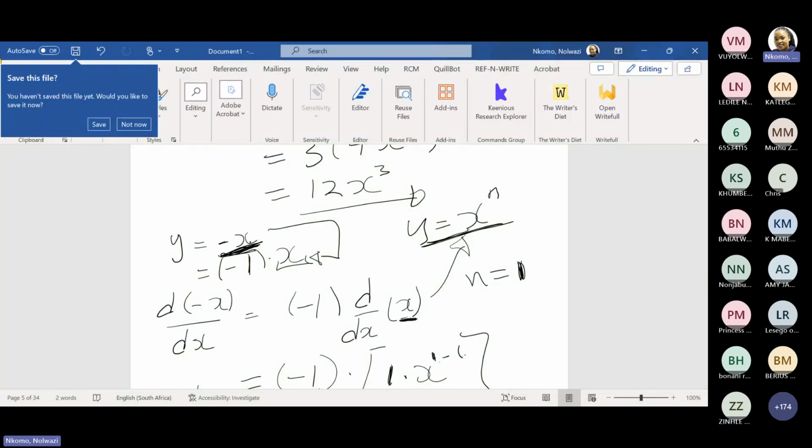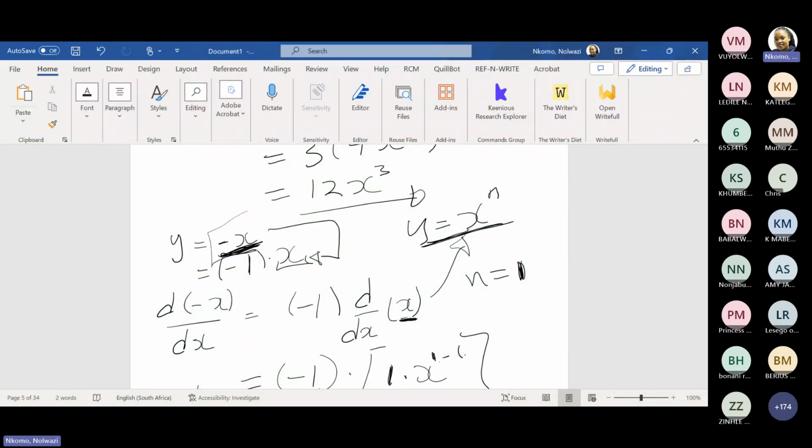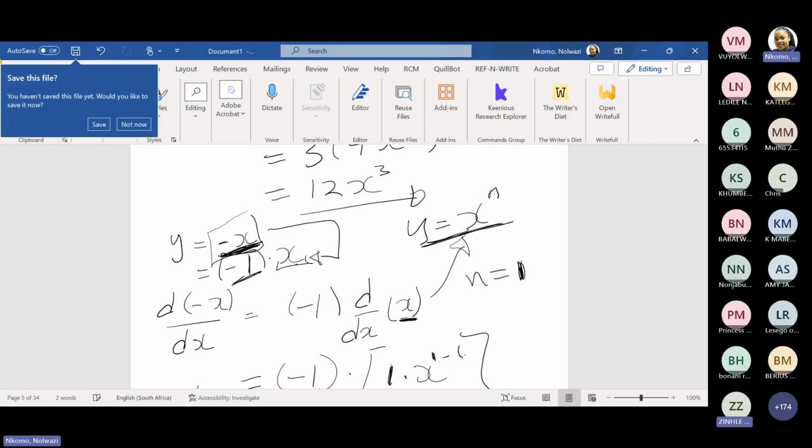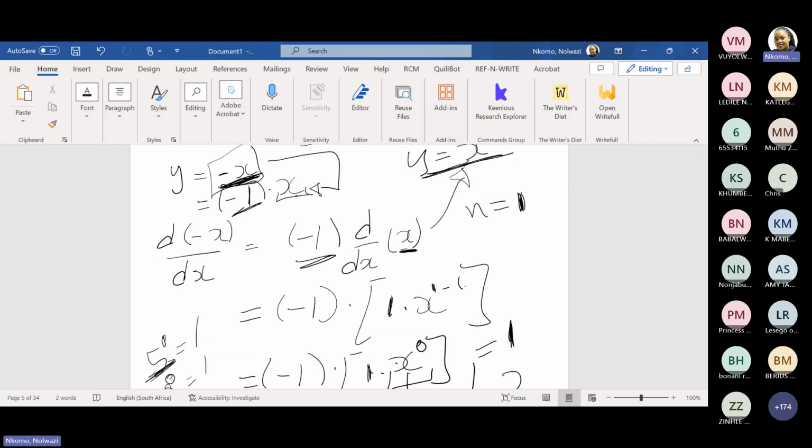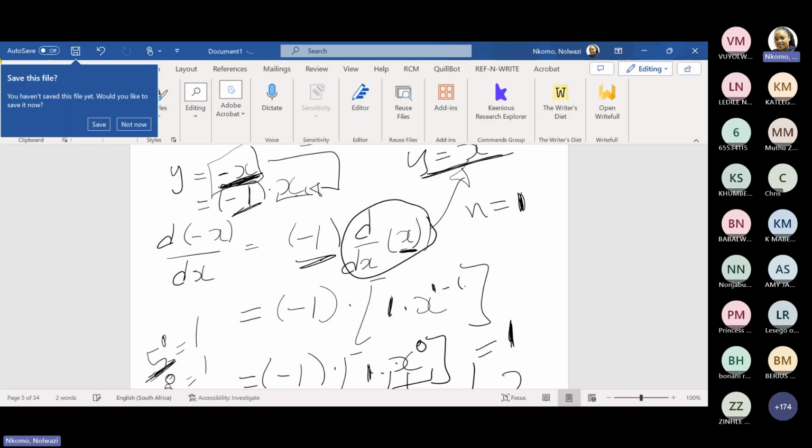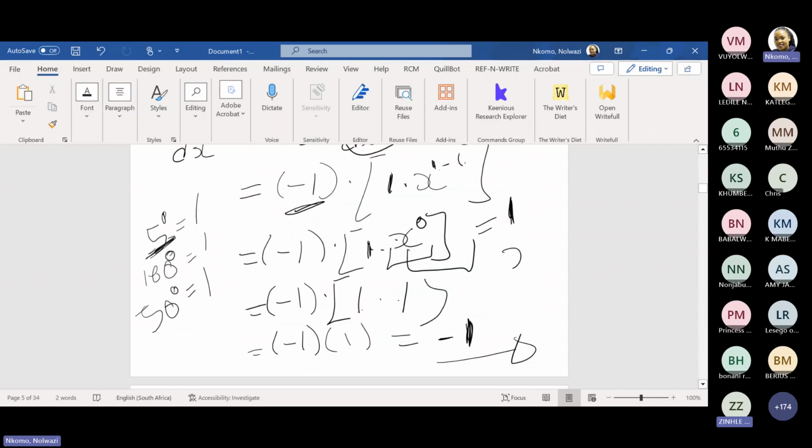Then I said we can write this minus x as minus 1 times x, right? Okay. Then we took out minus 1, then we differentiated this x. Now we are applying the constant multiple rule. That's why we have minus 1, because we kept it going down with this. Yes?